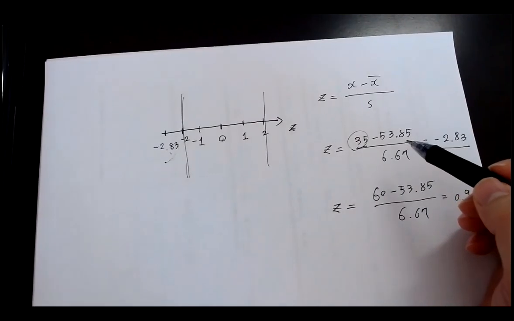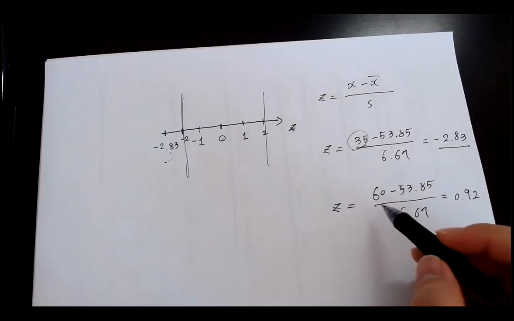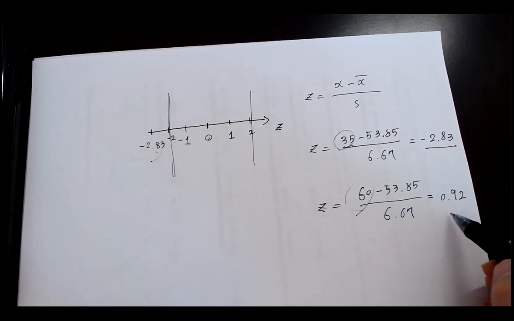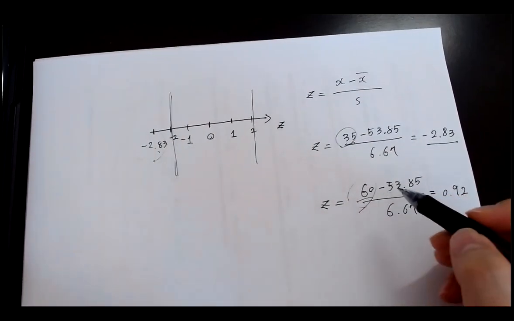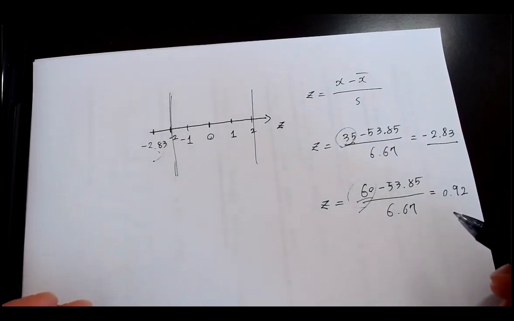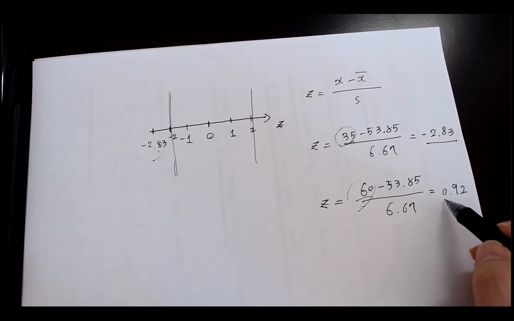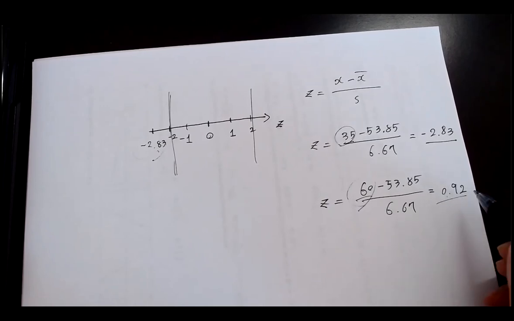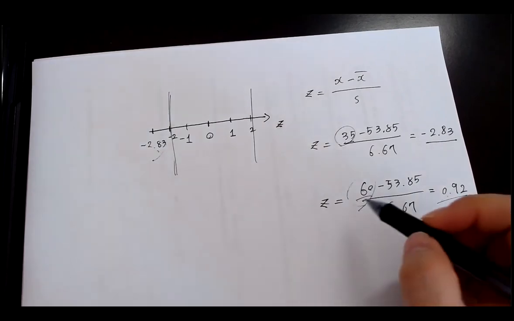And the Z-score of 60 is 0.92, which means the data value of 60 is greater than the mean, but not more than 2 standard deviations. That's the difference between the mean and 60.